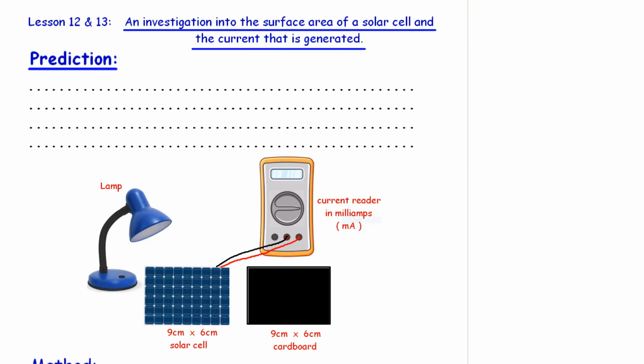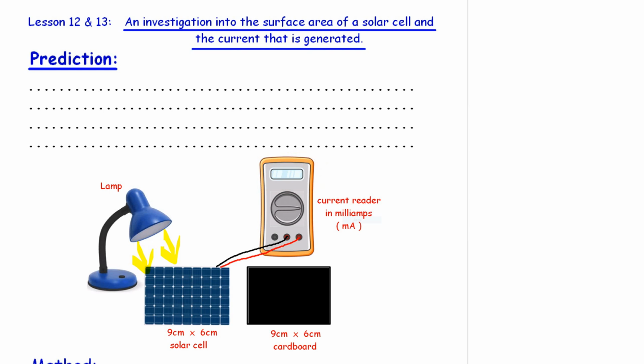So just to recap, this is our solar cell right there, and light from the lamp is going to come down and cause it to generate a current which can be read using the current reader in milliamps.